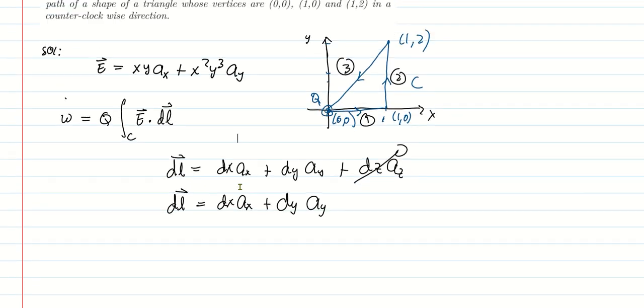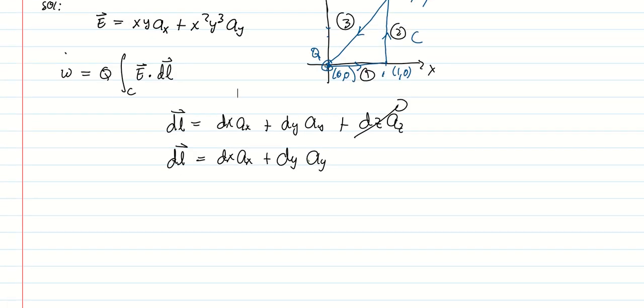So the work now, first at path 1. So let's just call it the work 1, W1. So this will be equal to, using the formula, the integral of E dot dL along that path. That E is just equal to xy ax plus x squared y cubed ay.